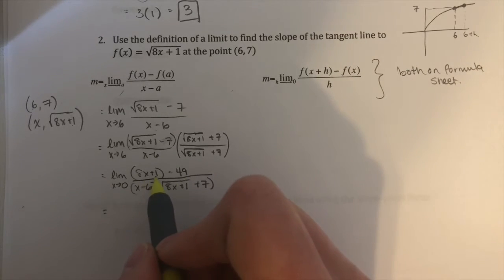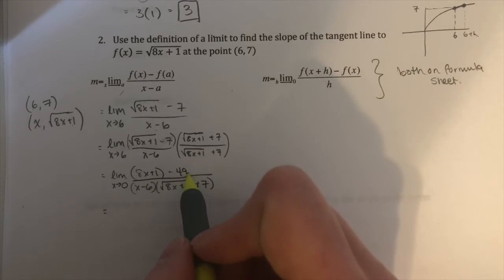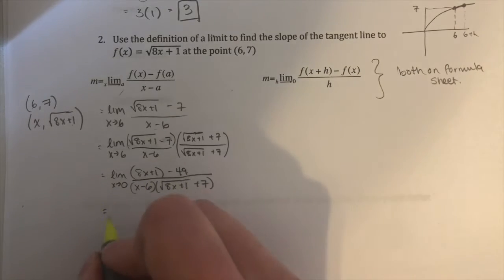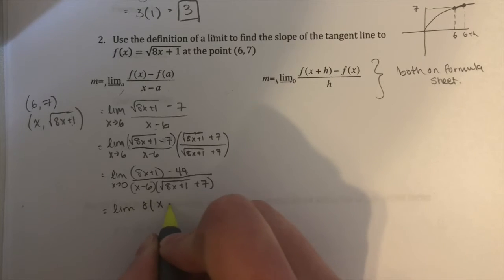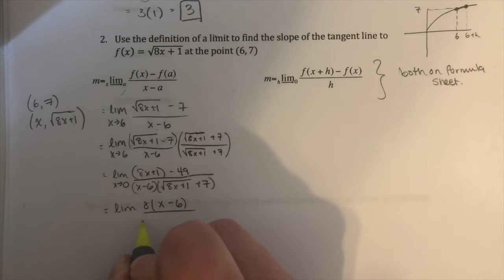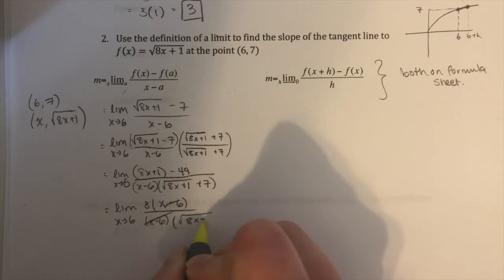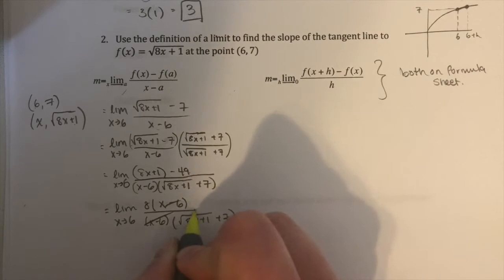So 8x plus 1 minus 49 is the same thing as 8x minus 48. If we take an 8 out, we're going to have 8 times x minus 6. Hey, look, there's our factor that matches the one on the bottom. So x minus 6, those are going to cancel, leaving root 8x plus 1 plus 7.